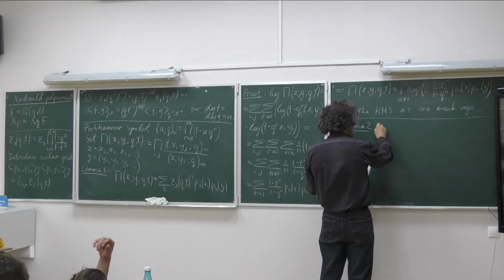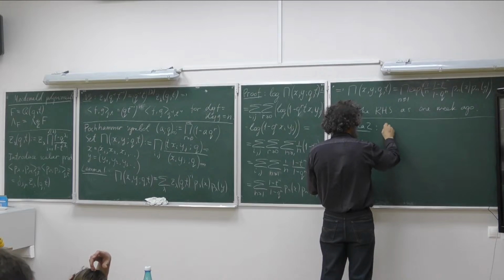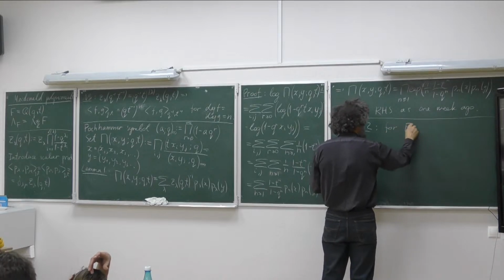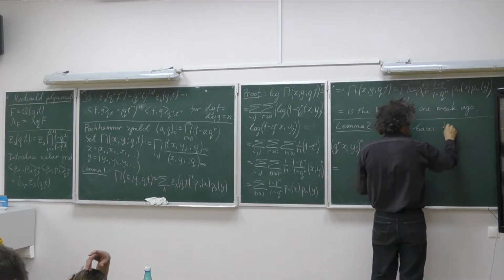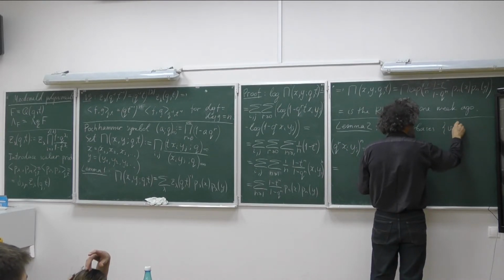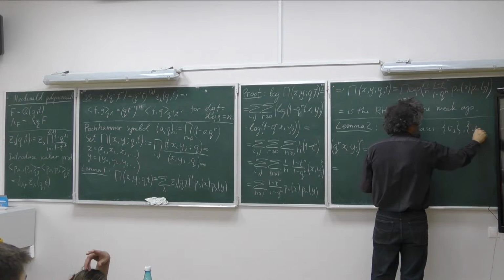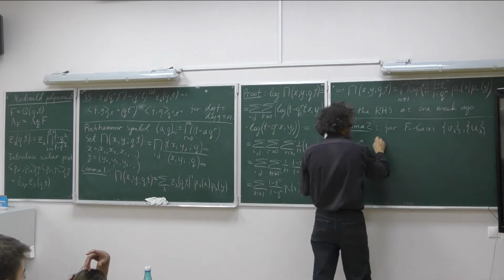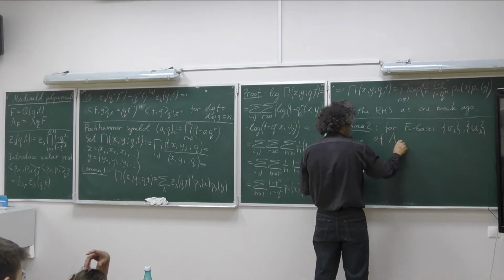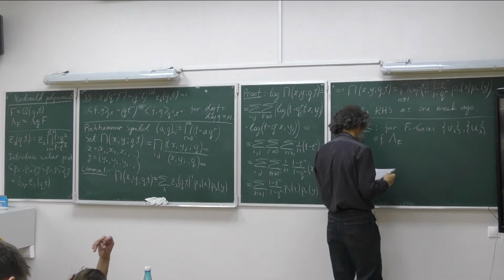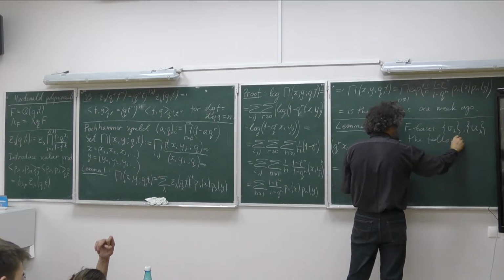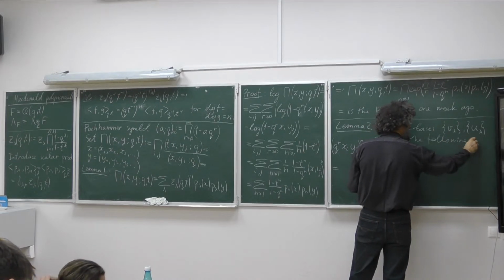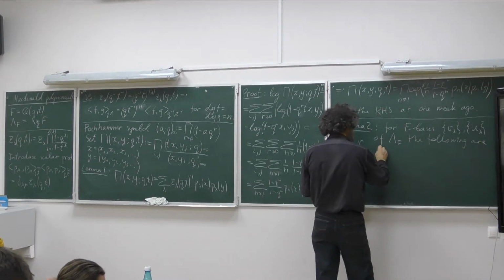Let me remind you that for a basis u lambda and v lambda over our vector space of symmetric functions, the following are equivalent.